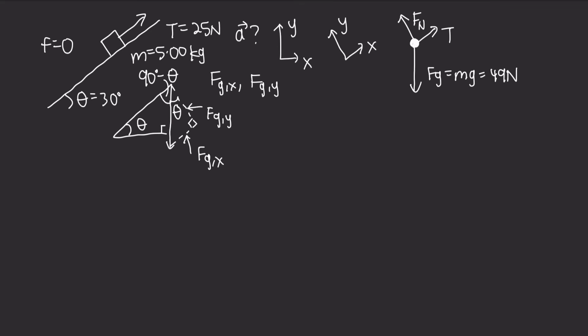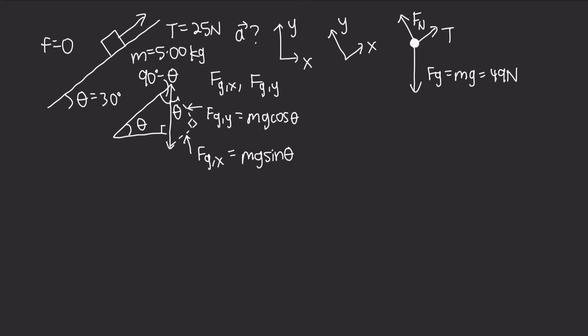And what that tells us is that the force of gravity in the x direction is simply mg times sine of theta. If you know some simple trigonometry, you'll know that the x component will be mg sine theta, and the y component is mg cos theta.